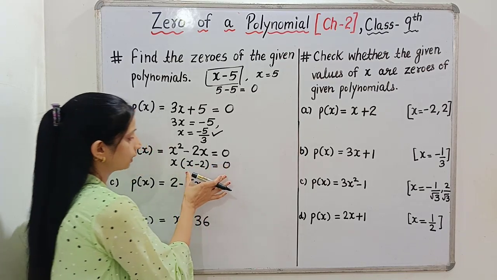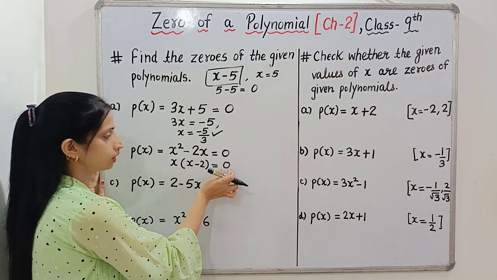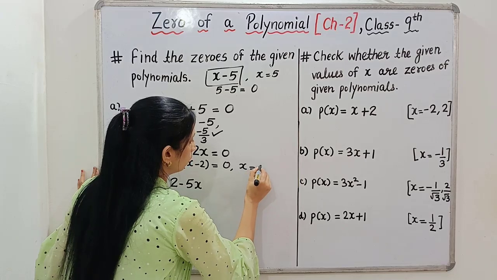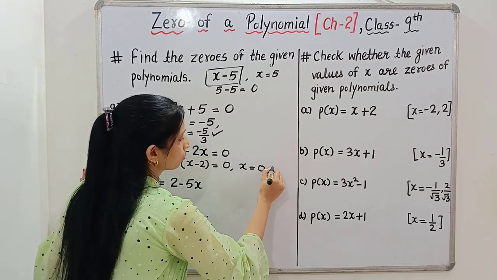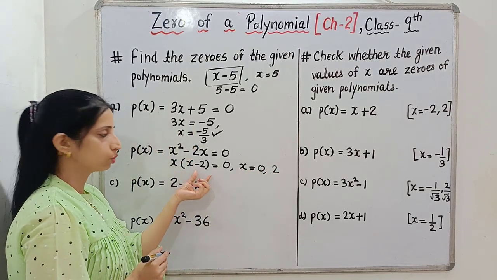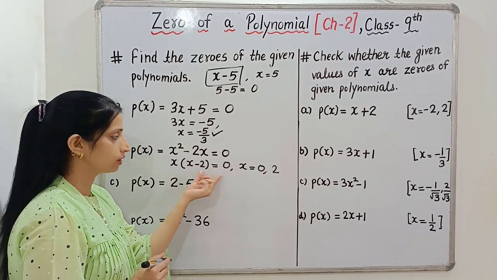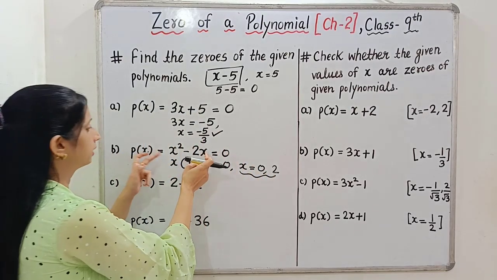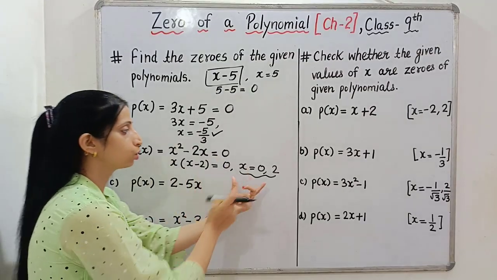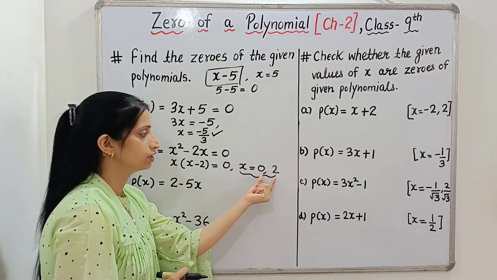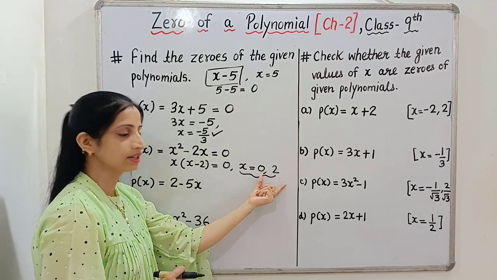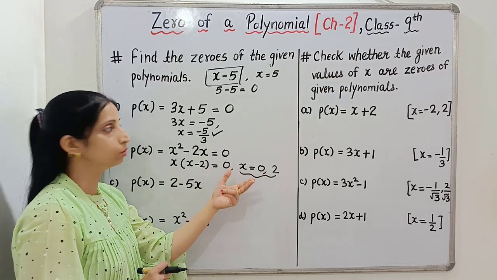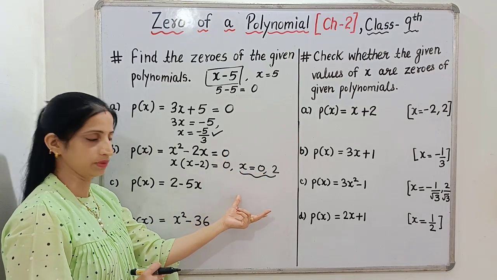So here we will get two values of x: x is equal to 0 and x is equal to 2. How do we find 2? x minus 2 is equal to 0, so x will be 2. Hence for this polynomial x square minus 2x there are two zeros: 0 and 2. So that's why I already told you there can be 1, 2 or more than 2 zeros of a polynomial.